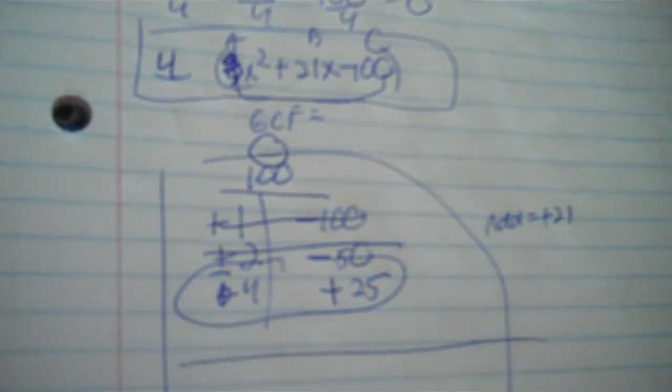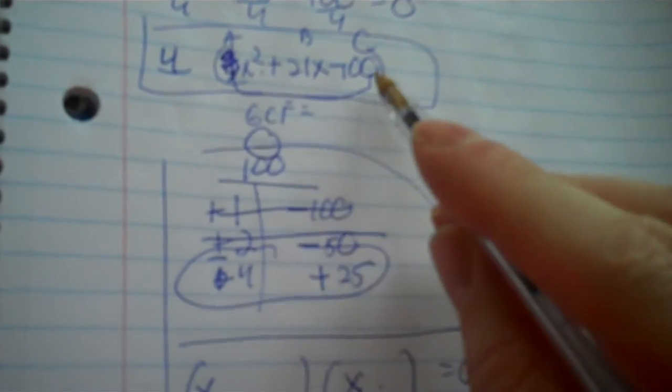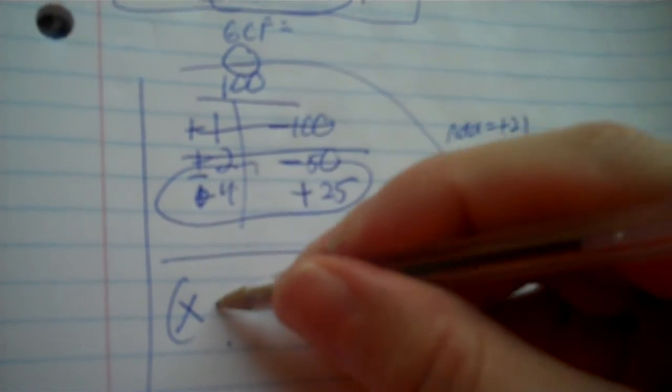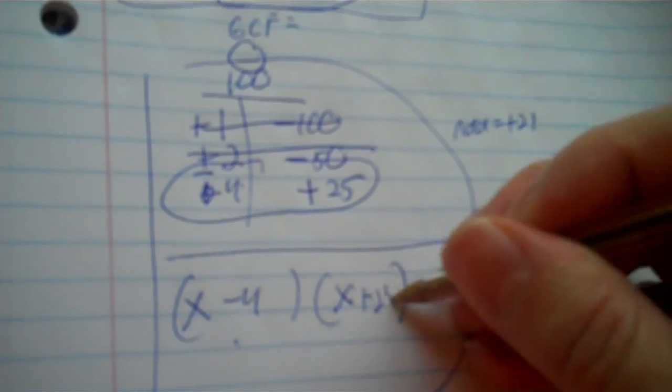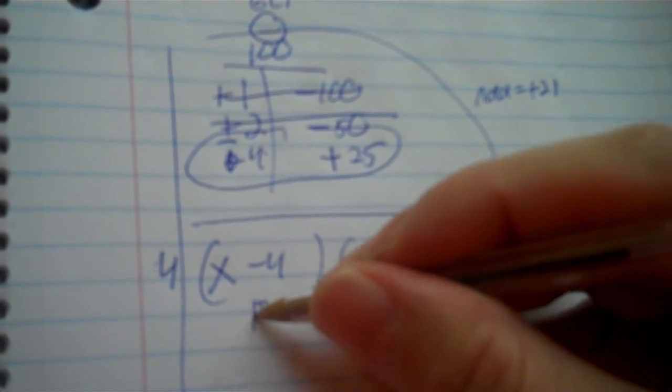Now my A, here's the last A I have. You've relabeled the A as 1. So if it's 1, you get rid of it, and that's good because then I can just make 2 parentheses with x, because that's x squared, x, and the rest we write as minus 4 plus 25. Now we did have the GCF of 4, but that doesn't have an x, so it's really not important.